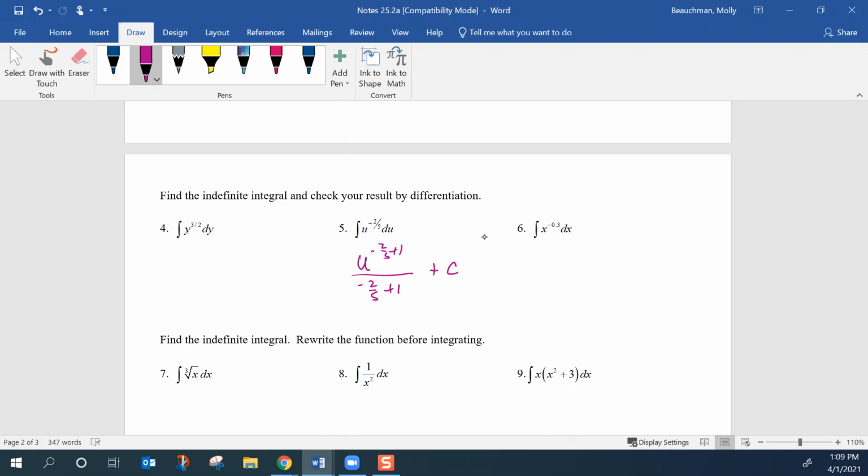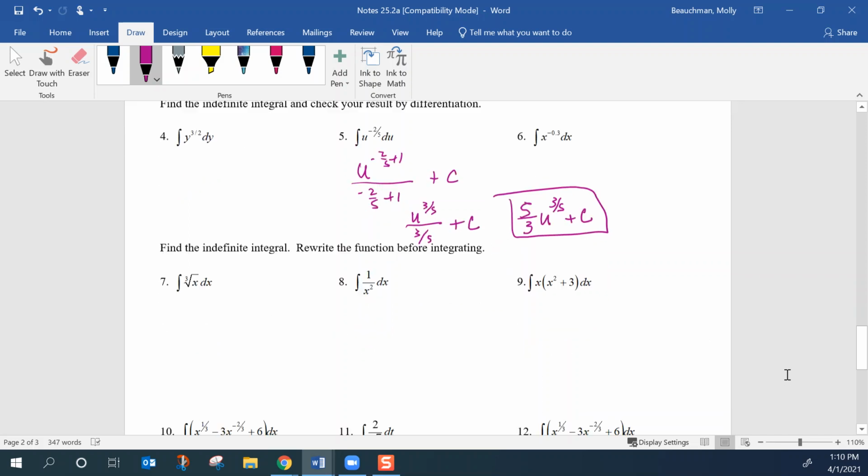Negative 2/5 plus 1 is u to the 3/5 over 3/5. And then we can't leave it u to the 3/5 over 3/5. Dividing by a fraction means multiply by the reciprocal. So that would be 5/3 u to the 3/5 plus the arbitrary constant c.